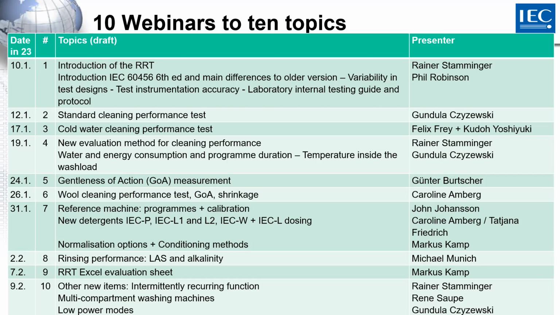This will be the intermittently recurring function procedure, the multi-compartment washing machine testing by René Saube, and the low power modes by Gundula Czyżewski again. So these are the topics of the seminars, and I would be happy to see you again on those webinars.